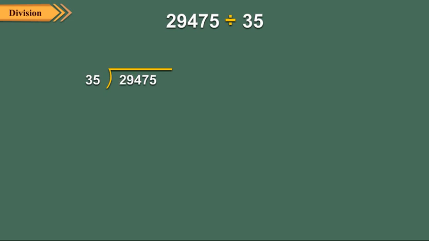And 29 is less than 35. We cannot divide. So we take the next digit also. Now, the number formed is 294. So divide 294 by 35. Quotient is 8 and remainder is 14.